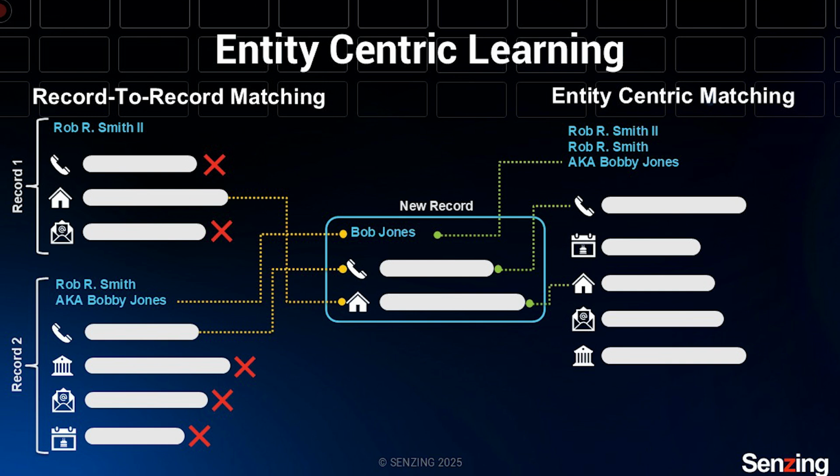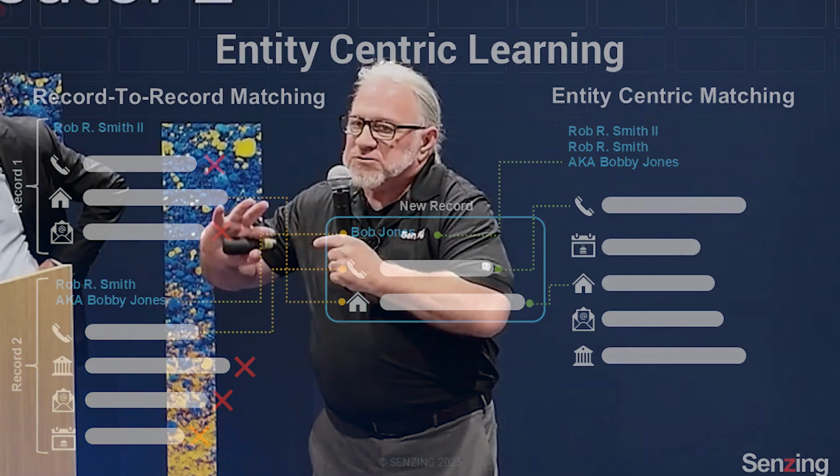You won't see that these are connected. On the right side, we're showing entity-centric approaches. What we do is a more holistic approach where we look at all the different features and attributes across the data sets, and we try to triangulate on what are the entities that are represented. That's an overlay on top of your data records. And so it's pointing to your data records as evidence for making those decisions about merge or disambiguate.